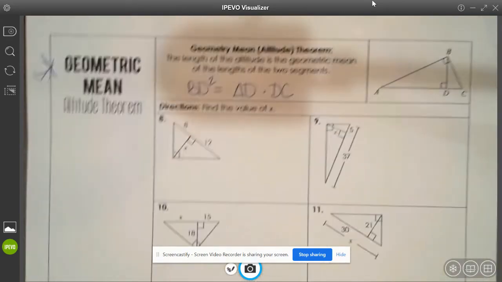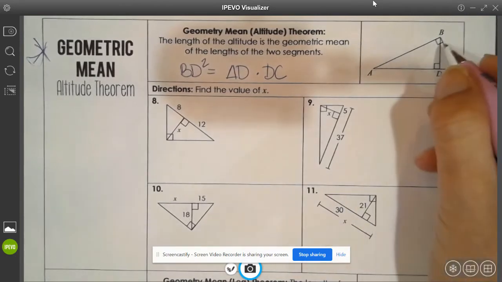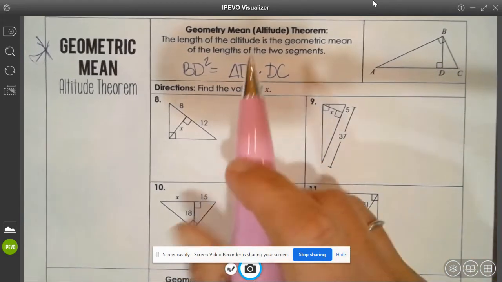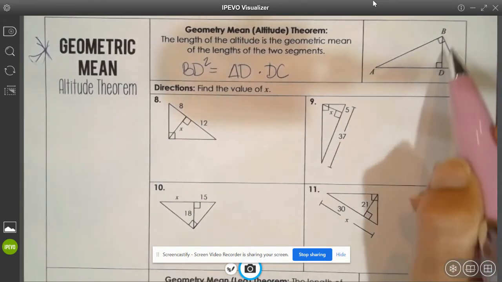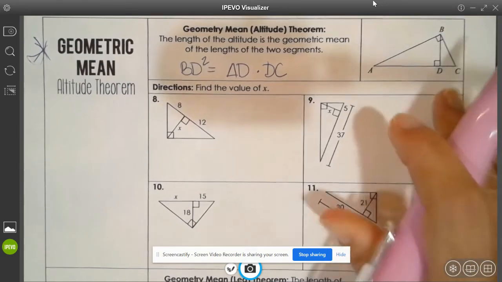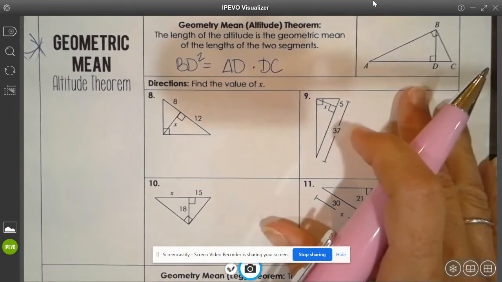It's the geometric mean altitude theorem. The altitude is this line right here, the altitude of a triangle, from the vertex to the base of the triangle. We use that for area, right? Remember how to take the area of a triangle? We use the altitude.